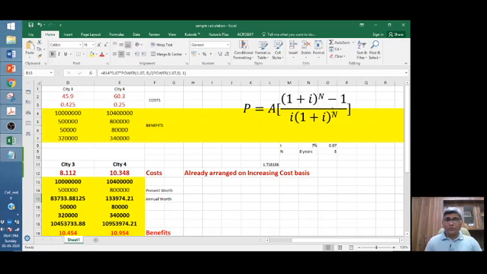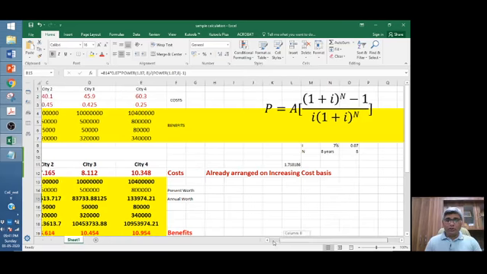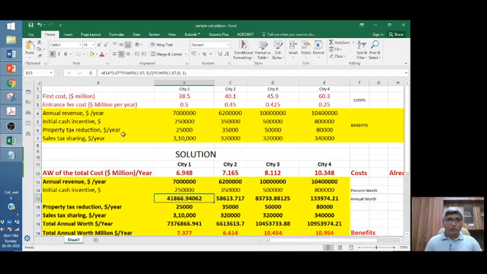If we put in the numerical values, we can easily find the value of A. Applying the formula and computing, this will be the initial cash incentive on a yearly basis for an 8-year economic life. Similarly we can calculate for city 2, city 3 and city 4.